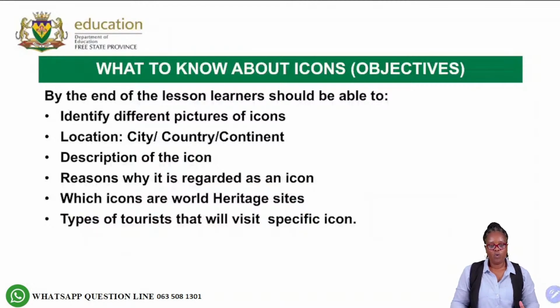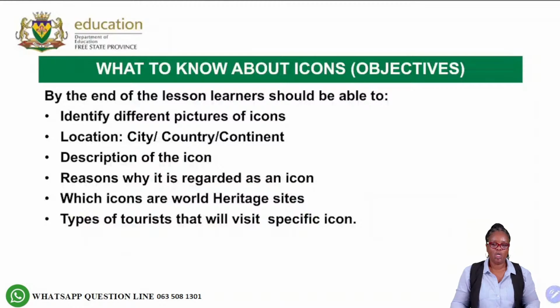Grade 12, you need to know the icons based on the following. By the end of this lesson, you'll be able to identify the different pictures of icons. It's so important for you to know the picture, because from the picture you have to know the name.